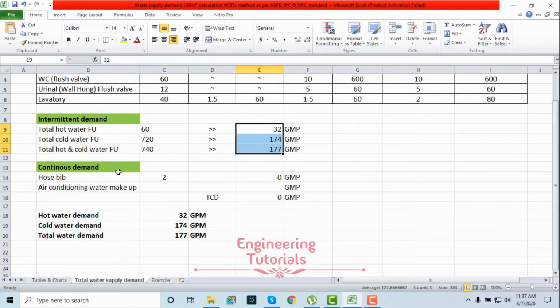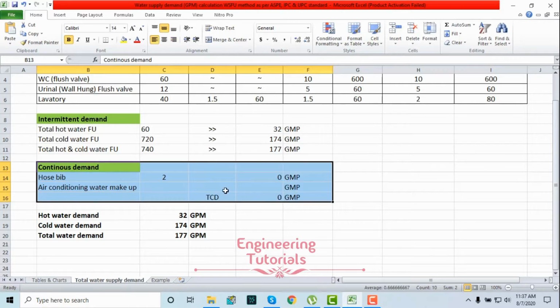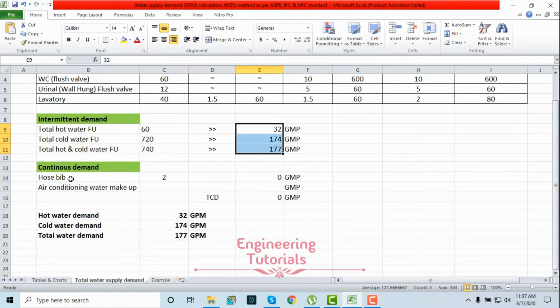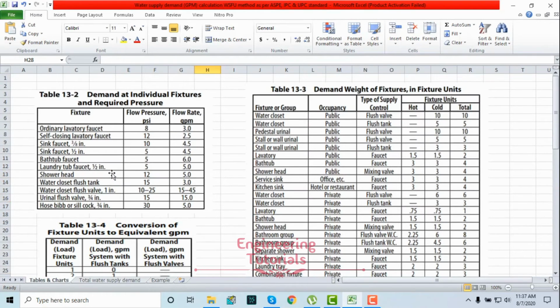Now we have to add this demand to the continuous demand. If you have any continuous demand, you have to add it to the intermittent demand. So let's say we have 2 hose bibs there, and we have to go back to our tables and chart to get the value for this hose bib.